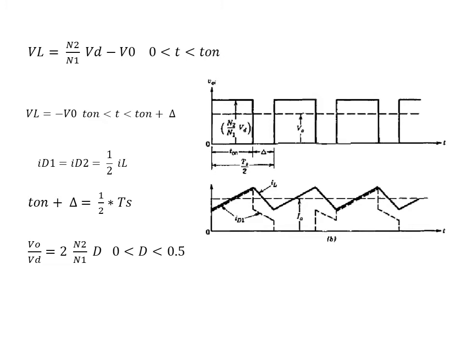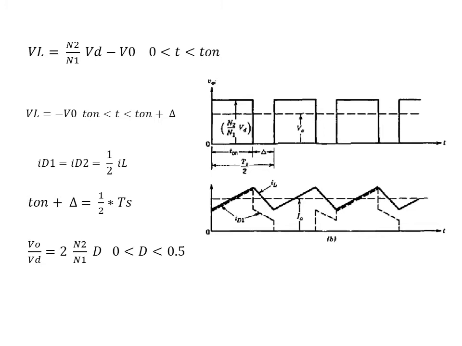During the interval delta, when both the switches are off, the inductor current splits equally between the two secondary half windings and V0I is equal to 0. Therefore, during the interval t greater than t on and less than t on plus delta, VL is equal to minus V0, and the diode current ID1 is equal to ID2 is equal to 1 half times IL.